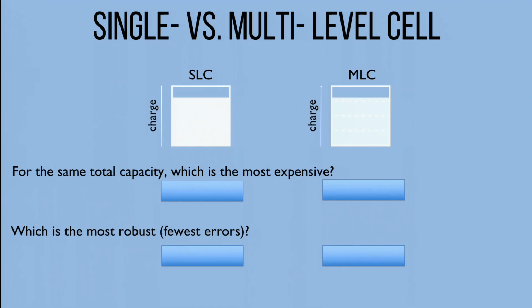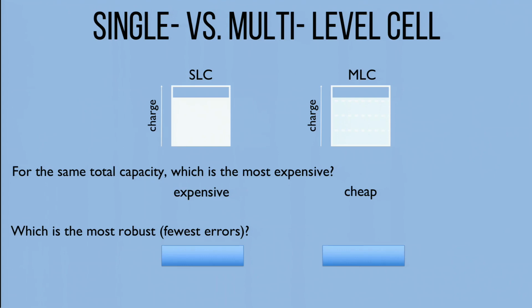Raise your hand if you think it's SLC. Raise your hand if you think it's MLC. Oh, interesting. All right, so SLC is going to be more expensive because we need more of these individual cells, right? If we're having the same capacity, that means we have more of these cells, and we're only holding one bit in each of those cells. And then which one is going to be the most robust?